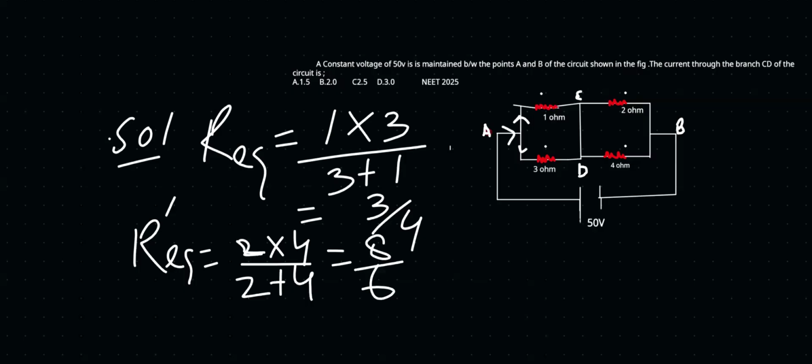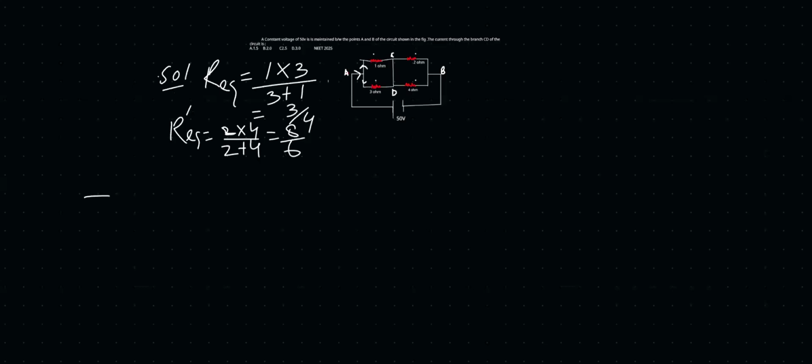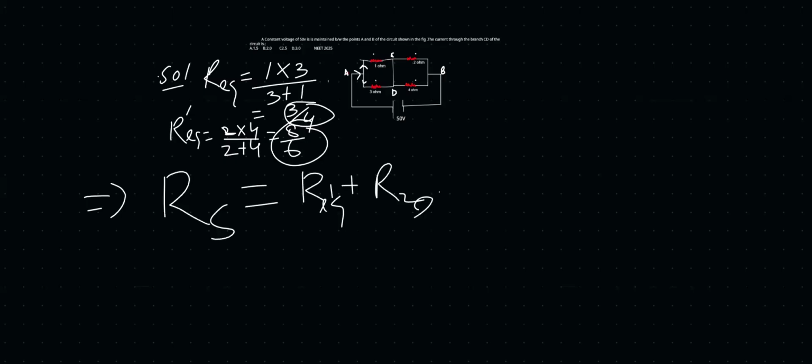Now these two equivalent resistances, 3 by 4 and 8 by 6, are in series, not parallel. The equivalent resistance in series is R1 plus R2, so it will be 3 by 4 plus 8 by 6.